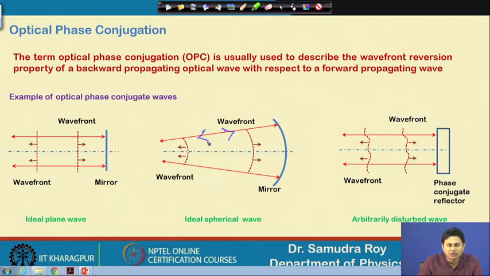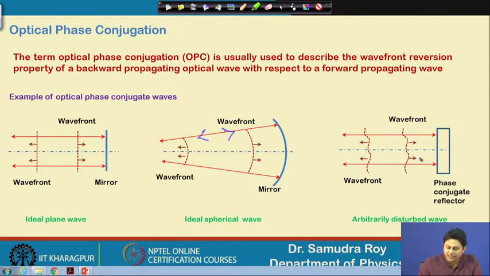The mirrors I am talking about are normal mirrors, and now the third example is something which we are going to discuss in detail, and this is called a phase conjugate reflector. This is a special mechanism, and we will describe this mechanism in today's class. But the important thing here is that for any shape of waveform, you can see that this is a distorted waveform, and if this distorted waveform is reflected from this phase conjugate reflector, what happens?